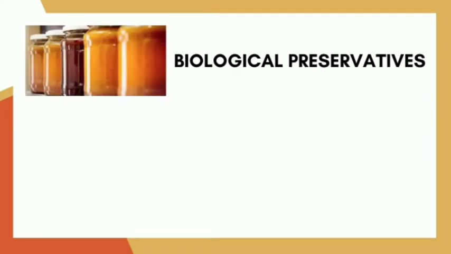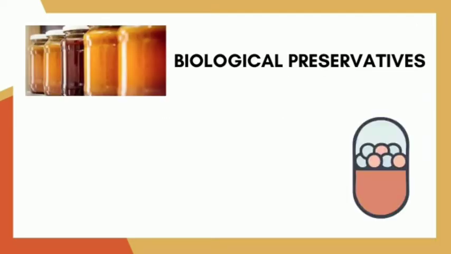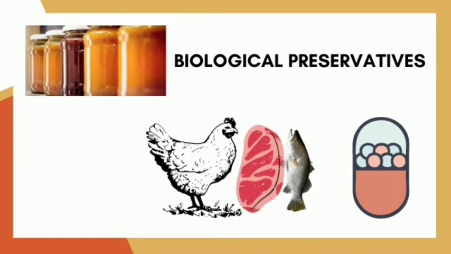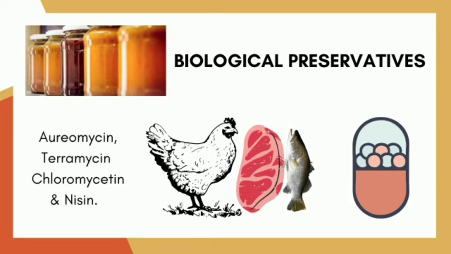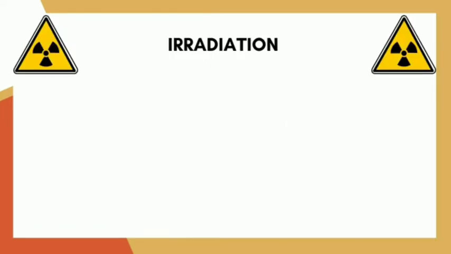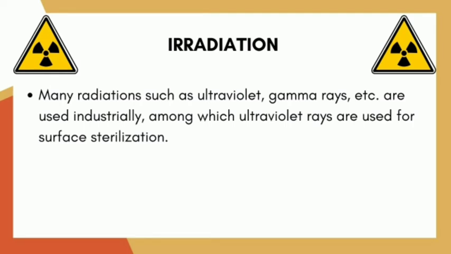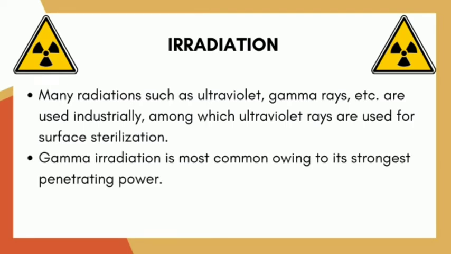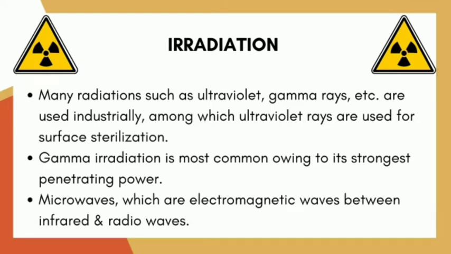Besides, addition of antibiotics in the form of an antibiotic dip, in which the non-vegetarian raw meat can be dipped and then packaged, are very common. And some examples are aureomycin, terramycin, nisin, etc. The next method is irradiation. Surface sterilization using ultraviolet rays, and the penetration sterilization by gamma rays are very important and common methods which are used by industries, and these days even microwaves are used to preserve food because they produce enormous heat instantaneously.